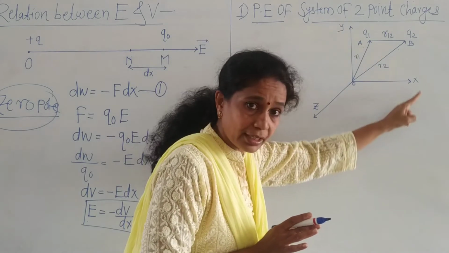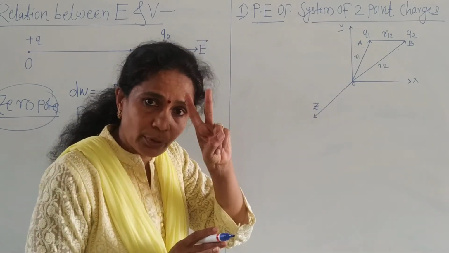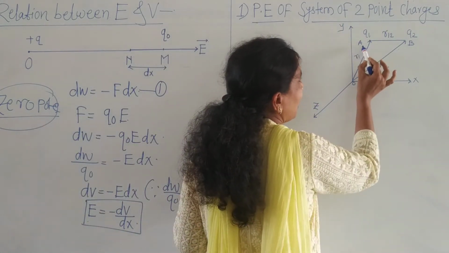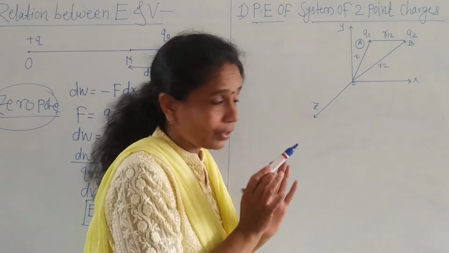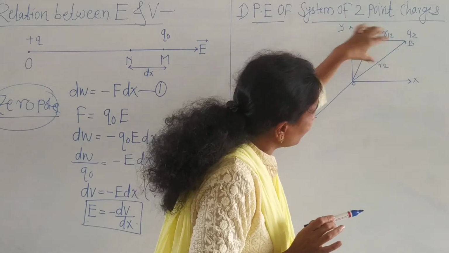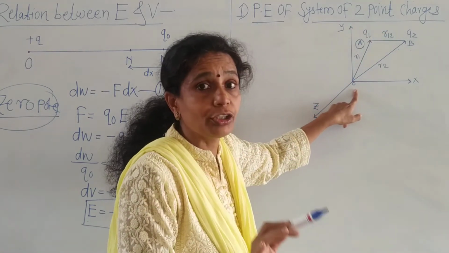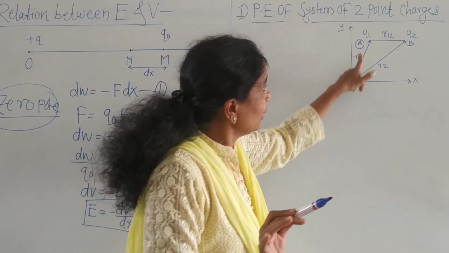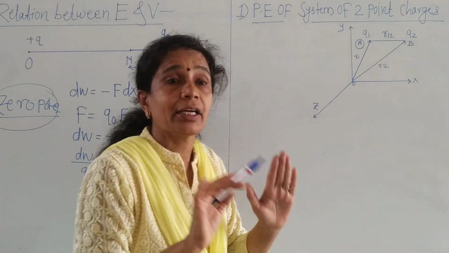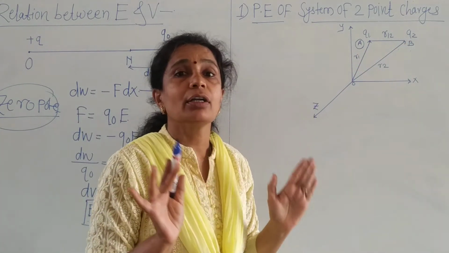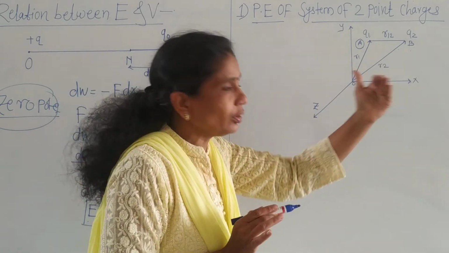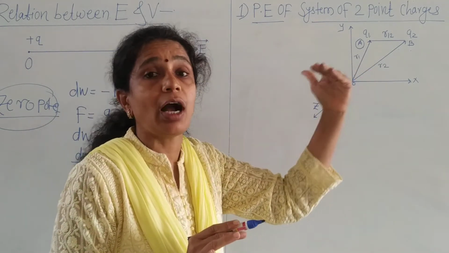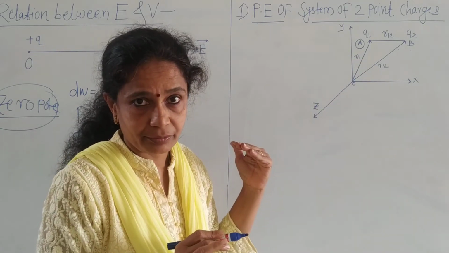Therefore, we consider a system which consists of two charges, Q1 at point A and Q2 at point B, at distances R1 and R2 from the origin O. The distance between Q1 and Q2 is R12.